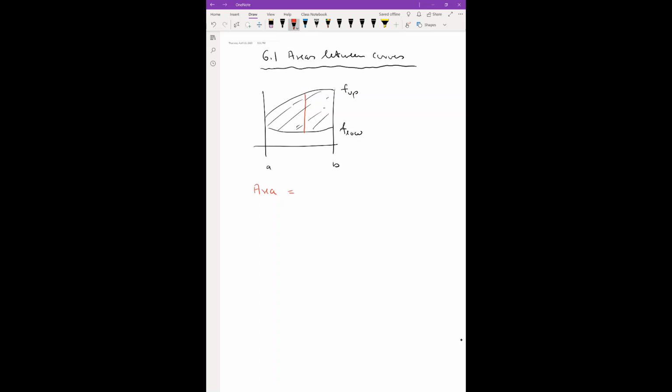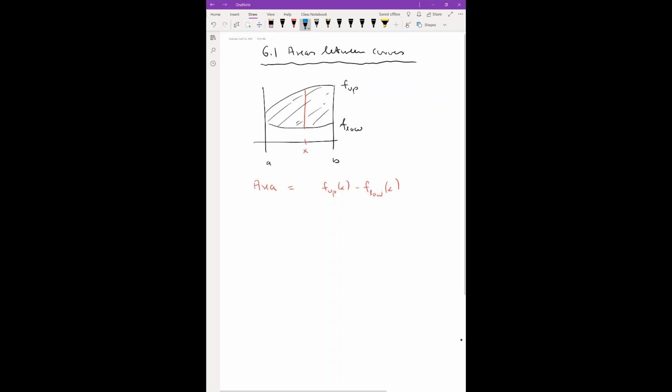rectangular line. Now, the length of the line, if I fix here an X, is F up of X minus F low of X. Where F up of X is the length of this line and F low of X is the length of this line.